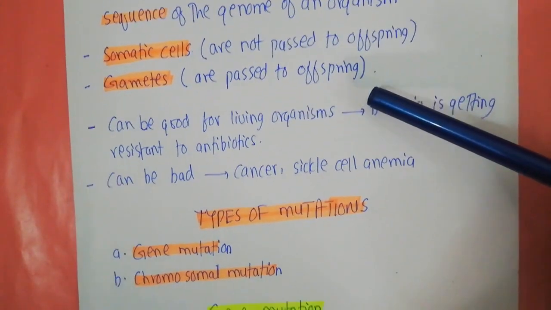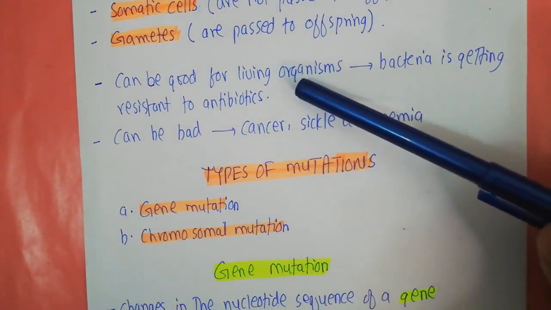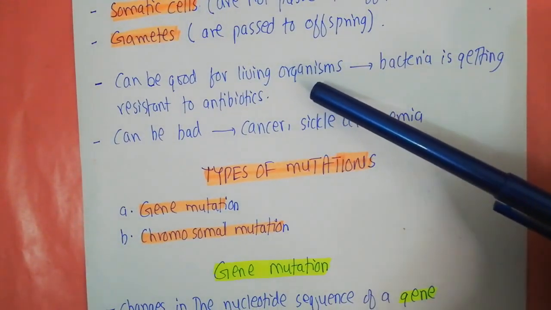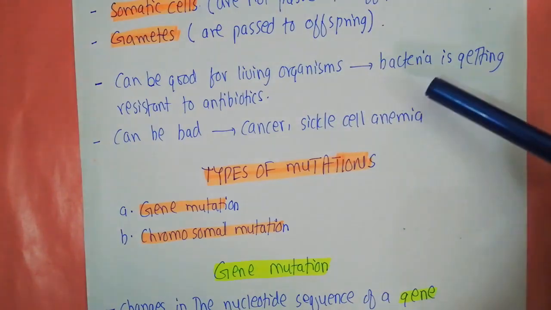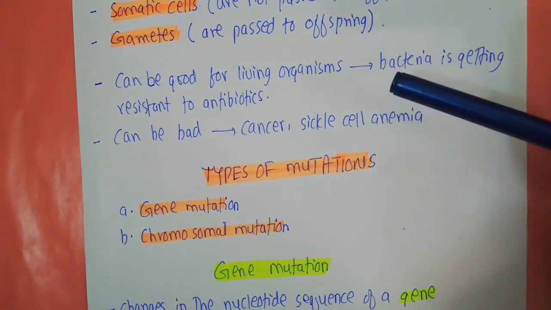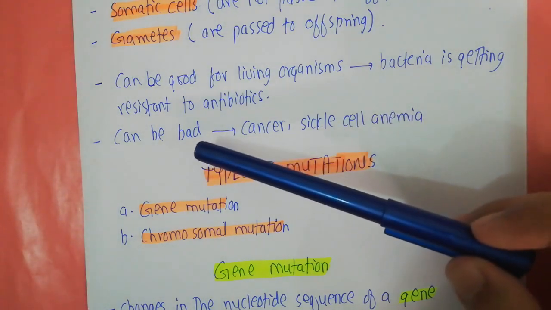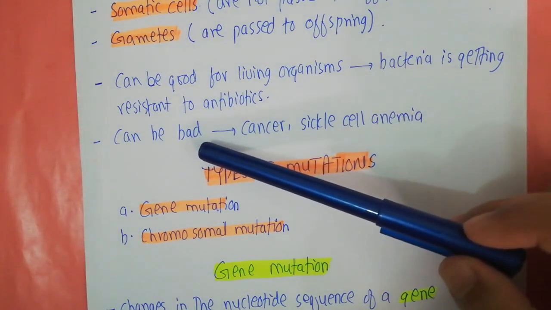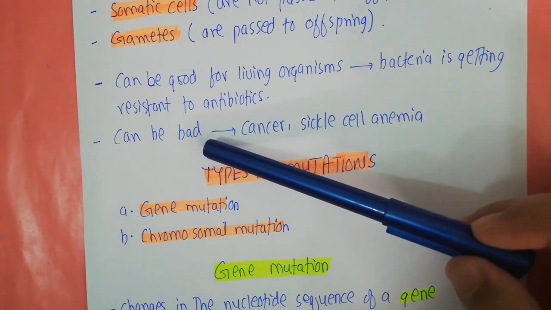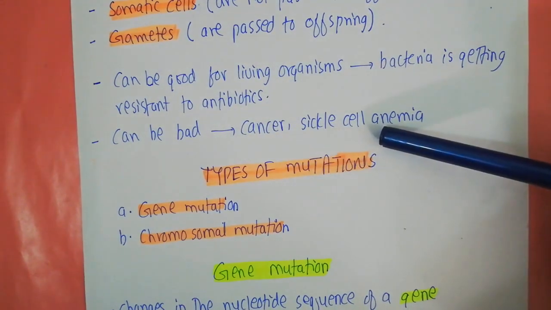When you talk about mutations, a mutation can be good for living organisms. For example, by mutations, bacteria get resistant to antibiotics, and they can actually increase their population. So those kinds of mutations are good for the bacteria. But a mutation can also be bad. For example, in human beings, because of mutations, cancer can be caused, or sickle cell anemia.